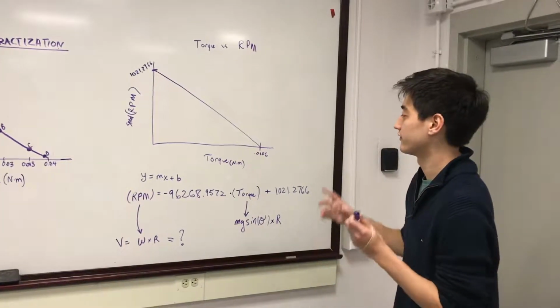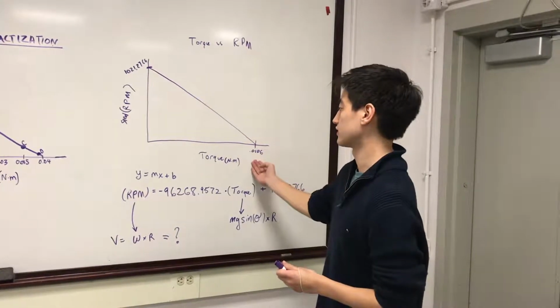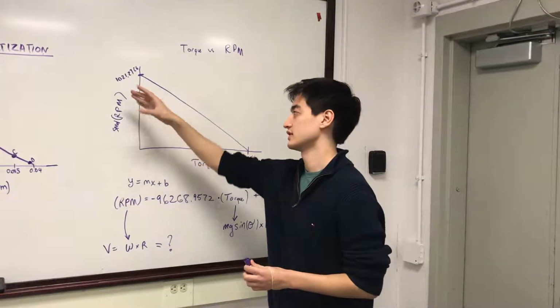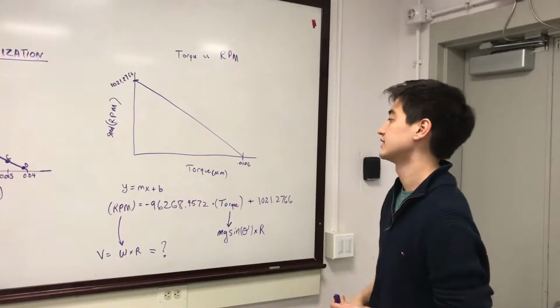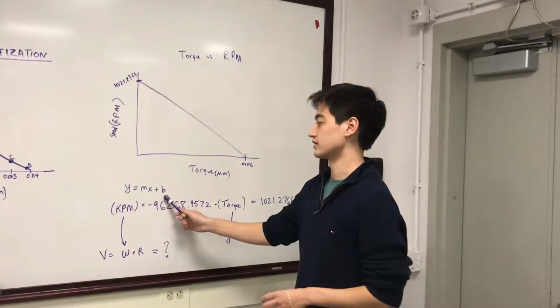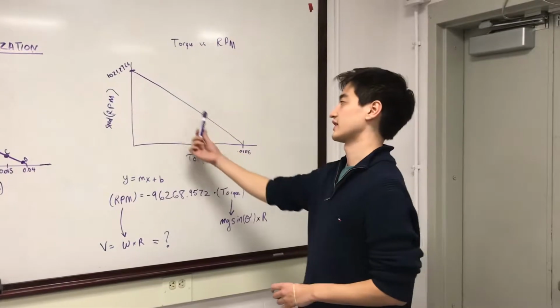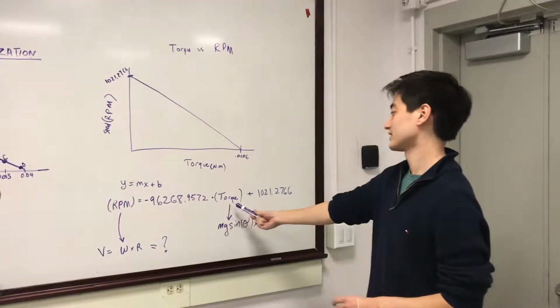So you have the two points: the stall torque, which is right here, and the RPM as well. We have the two intercepts, so we can create an equation of a line because we have two points. You can find the slope, and then you know the y-intercept. We found the equation of this line for the torque versus RPM graph looks like this.